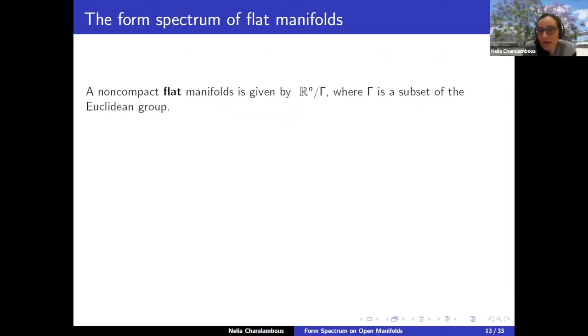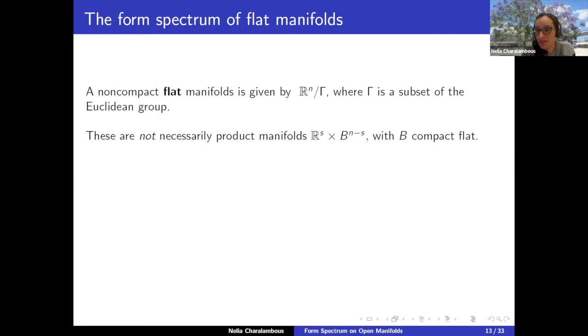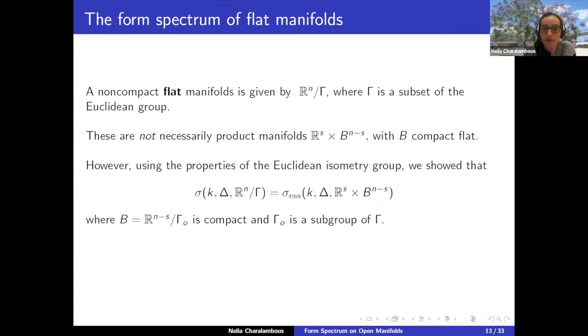A non-compact flat manifold. So the first thing that we do, let's try and compute the form spectrum on flat manifolds to begin with. These are quotients of Euclidean space by a subset of the Euclidean group. These are not necessarily products because we have some weird glide rotations that don't let them break into a product of Euclidean space times a flat compact manifold.